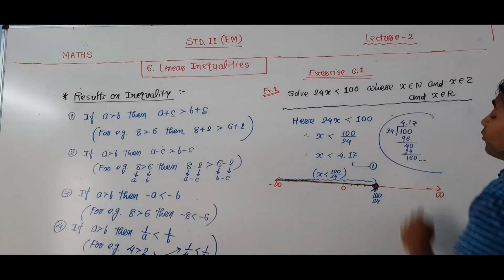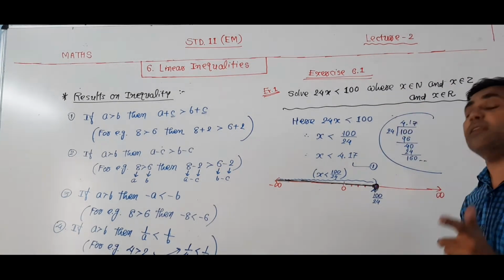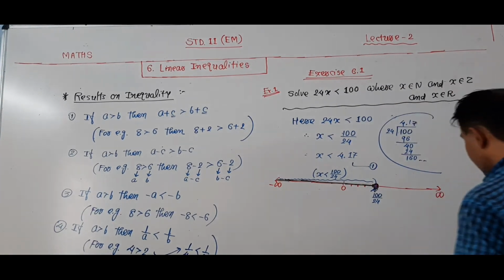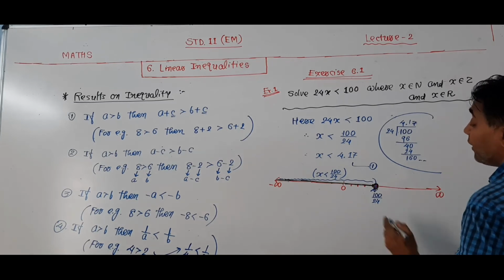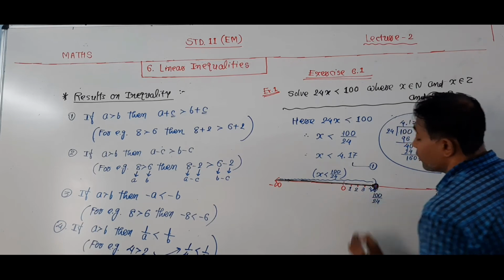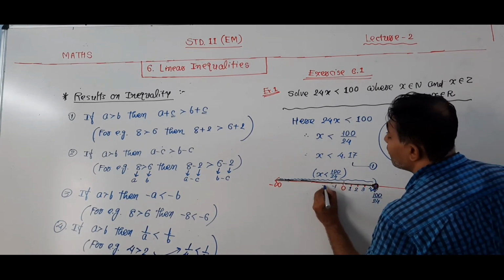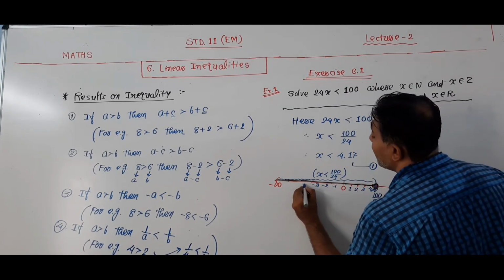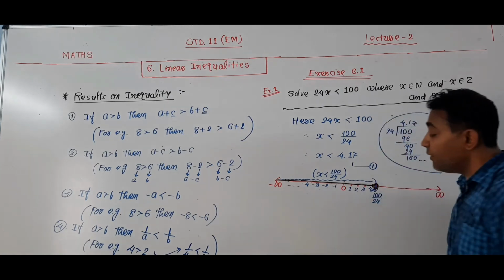So what is the solution set in N? First of all, if x belongs to N, then remember that here is 1, 2, 3 and 4. Here is minus 1, minus 2, minus 3, minus 4 and so on, these are integers.